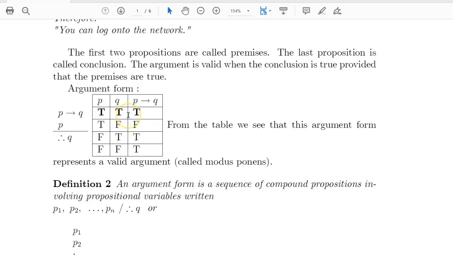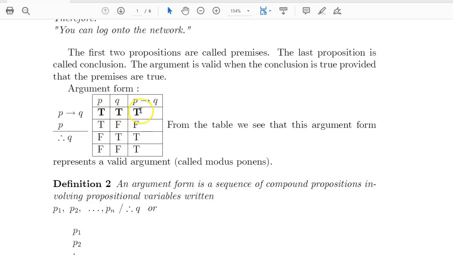Then the argument is valid. And the premises are true only in the first row. The conclusion is also true. And the conclusion is Q.